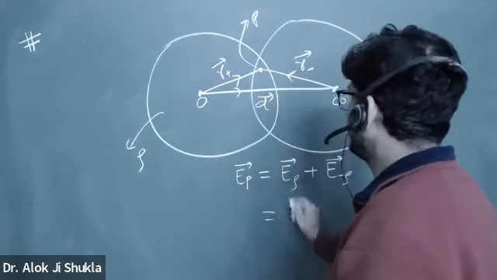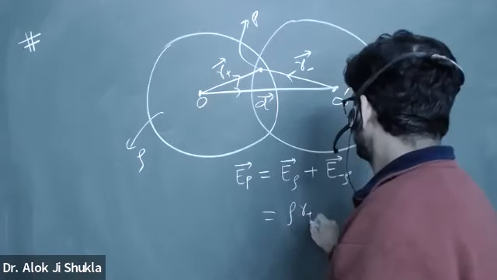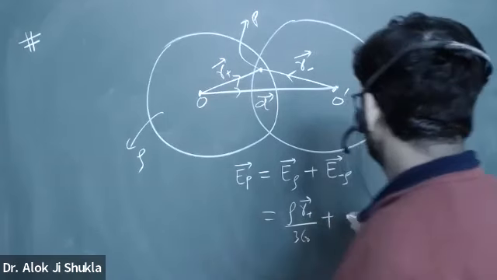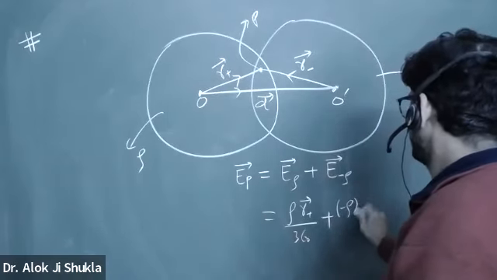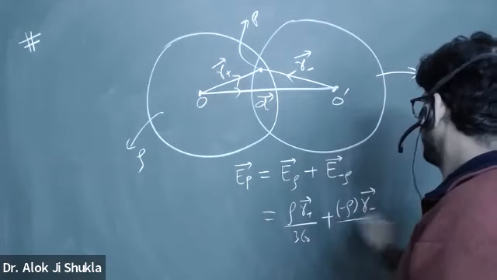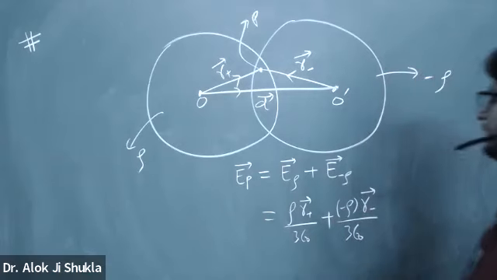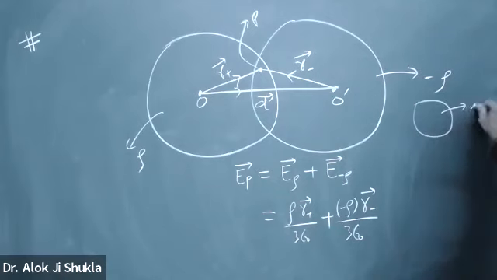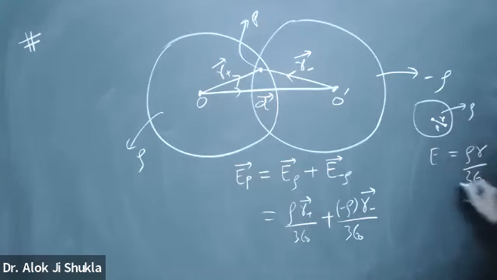And here electric field is rho R plus by 3 epsilon naught. And here it is minus rho R minus by 3 epsilon naught. Because you know, if you have a sphere of charge density rho, from the center to any point P which is inside, the electric field is given by rho R by 3 epsilon naught. This is the electric field, correct?